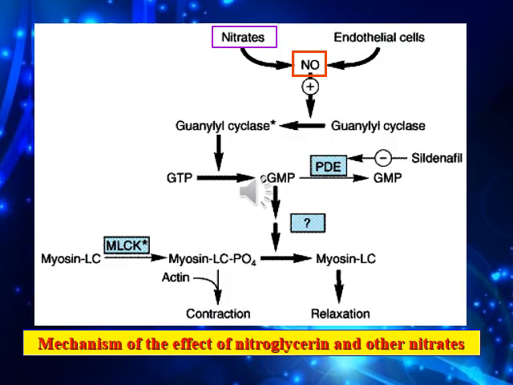Increasing cyclic guanylate monophosphate facilitates dephosphorylation of myosin light chains, preventing the interaction of myosin with actin. Nitric oxide is an effective activator of soluble guanylate cyclase and acts mainly through this mechanism.